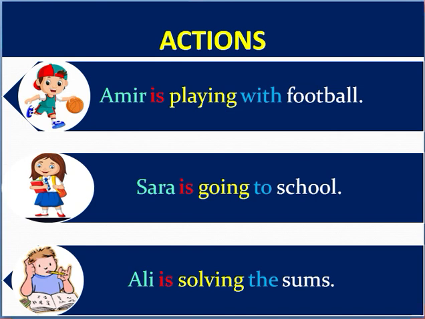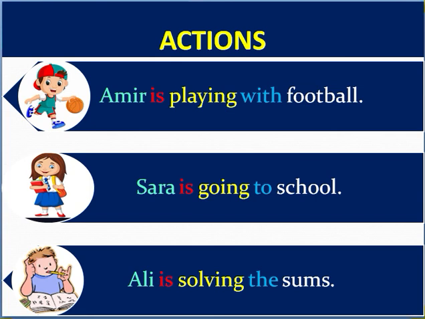Children, if we say Amir is with football, the meaning of the sentence is not complete. When we add a verb or an action word with it, then we can express our point of view very clearly.